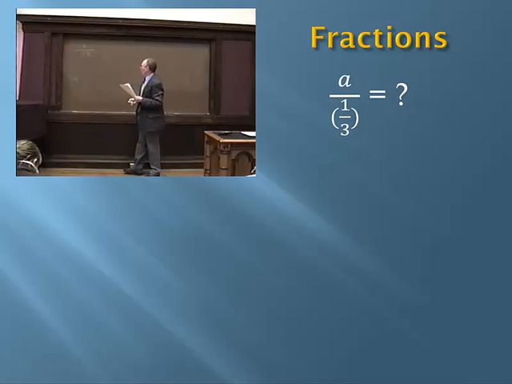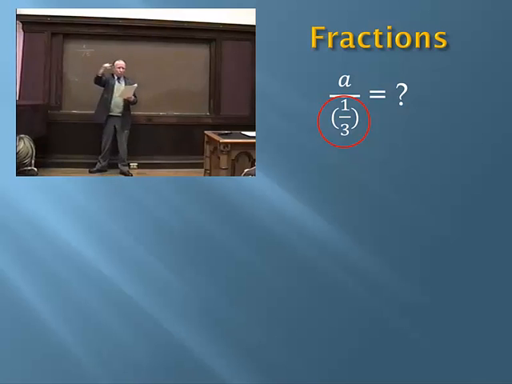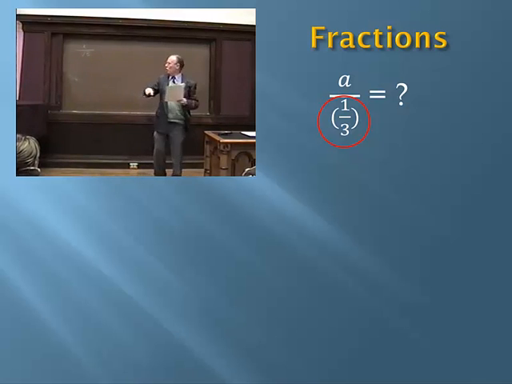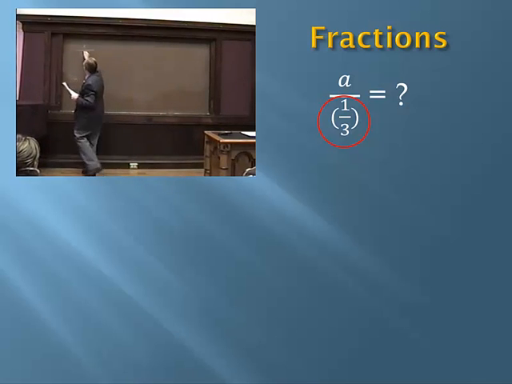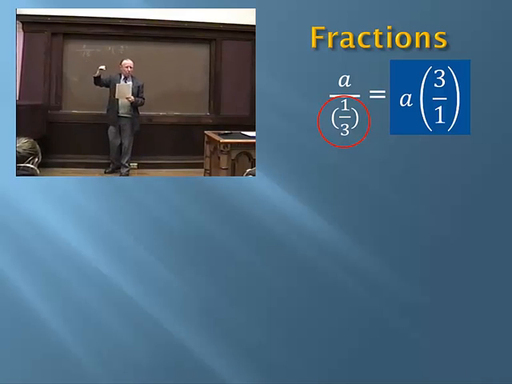Now, it turns out that if you have a fraction on the bottom of another fraction, you can simply flip the fraction on the bottom over and multiply. So that's the same as A times 3 over 1. It was over 1 over 3, it's the same as being times 3 over 1. Get the idea? So the answer here is 3A.